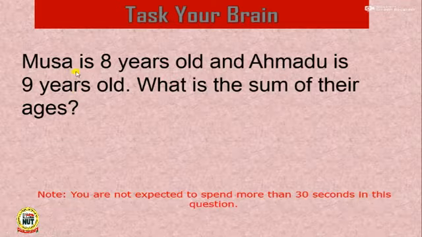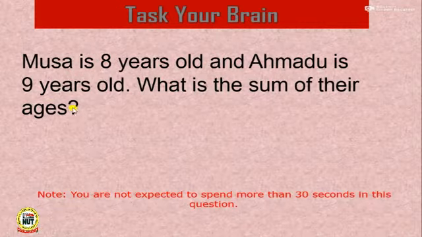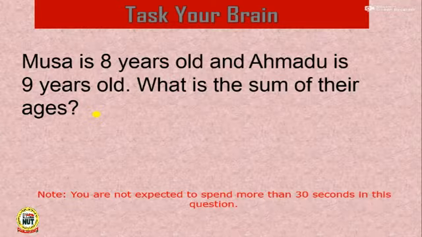The question says Musa is 8 years old and Amadu is 9 years old. What is the sum of their ages? Of course, I need you to apply what we learned in our previous class and use that knowledge to answer this question as fast as possible. Your time starts now.